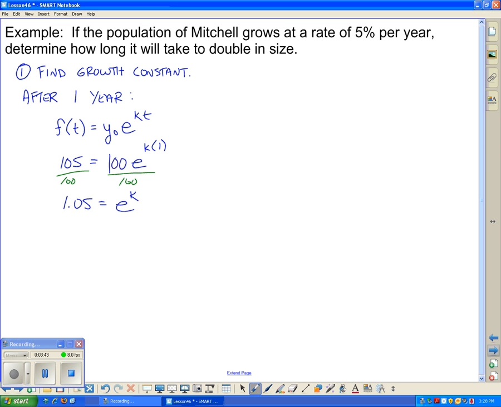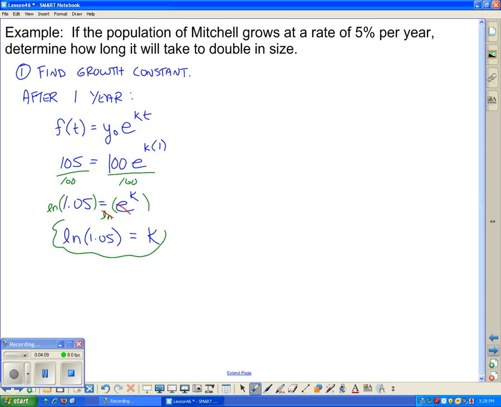And again, we're looking for k, so we'll take the ln of both sides, and we end up with k. When you take the ln of both sides, the ln and the e function are inverse functions, they undo each other, cancel each other out, so to speak. So there is our growth factor.